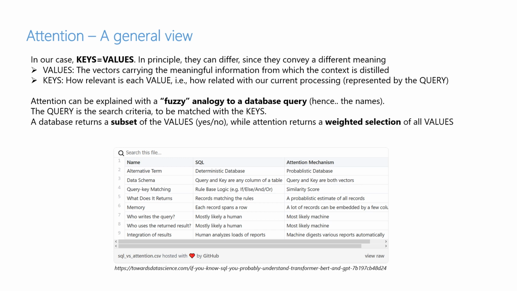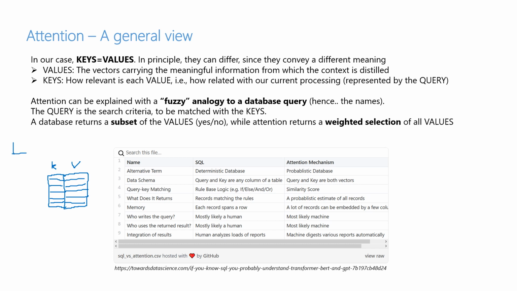And when we go fishing among the values to look for relevant information, we do something similar to what we do when we do a search in a database, because we could look at our values as rows on a table, and we could look at keys as, of course, keys for each of the rows.